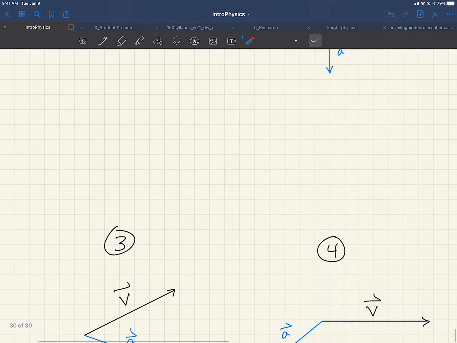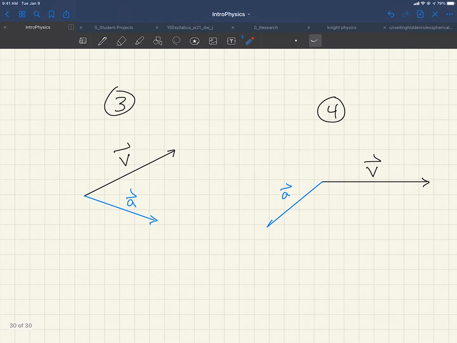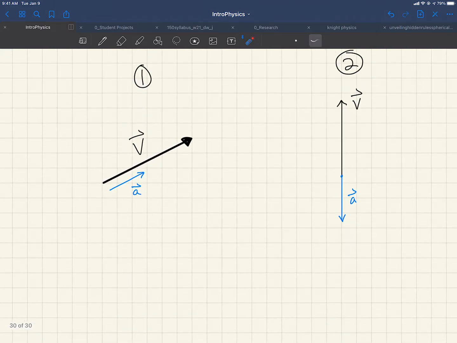Now we have to ask what happens if the acceleration is not in the direction of the velocity, but looks something like this. So that's a little bit more complicated. In the first case, we would say this acceleration is tangential. Why do we say it's tangential?